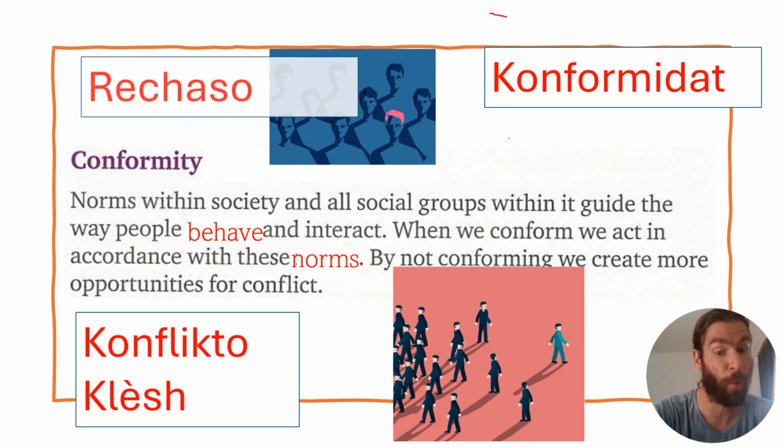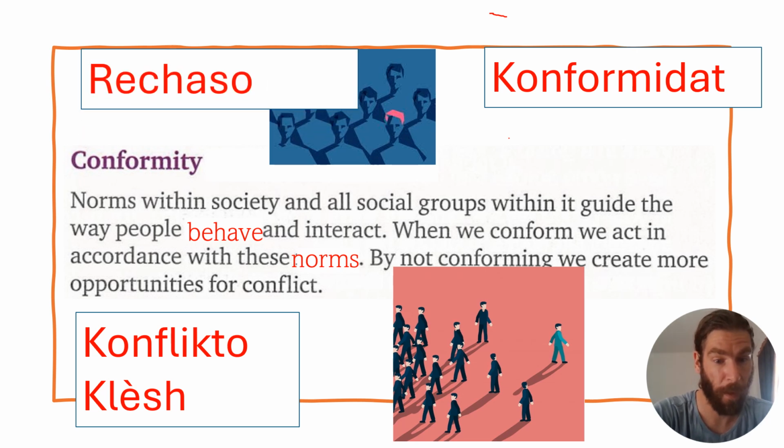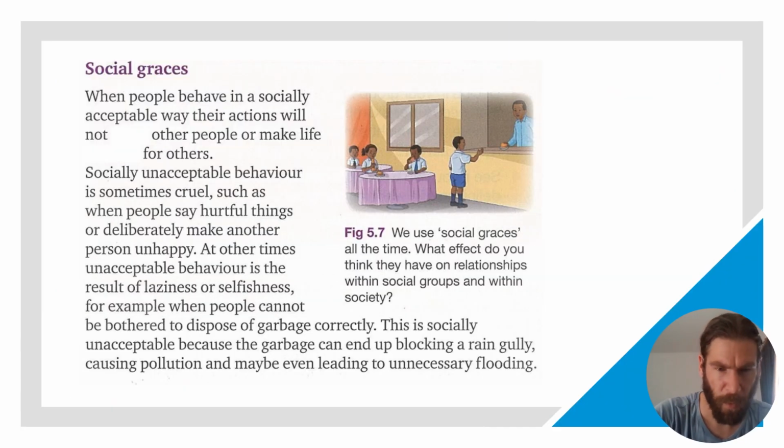And those are mostly the majority. So rechazo. Whoever remembers what that was, I actually forgot. Anyway, social graces. When you try to conform, you use social graces to make everything in society walk smoothly.